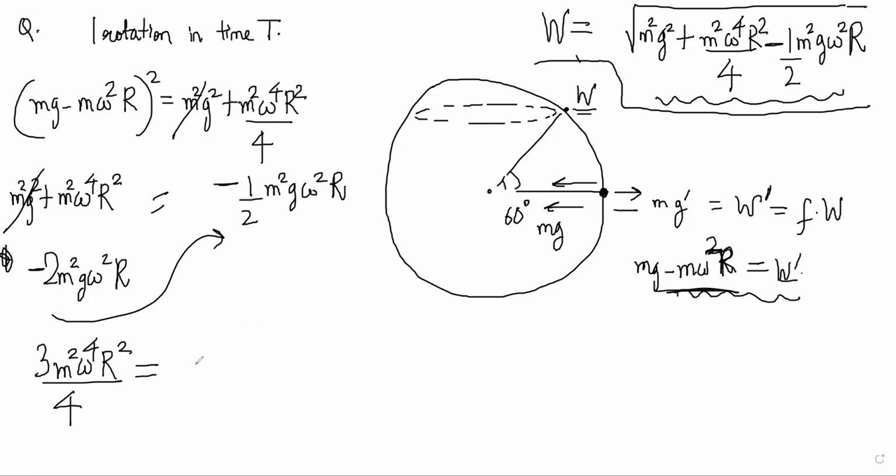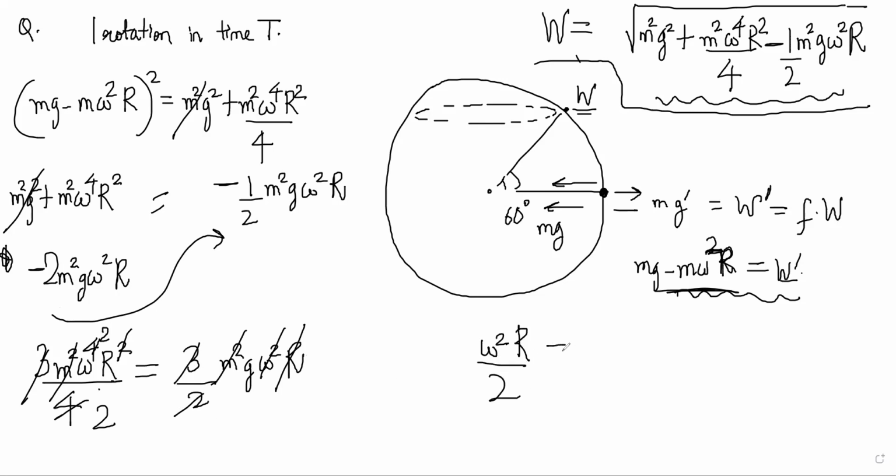So that becomes 3 by 2 m square g omega square r, right? M square cancels, omega square cancels, r cancels. So we have omega square here, r by 2 is equal to g here, right?